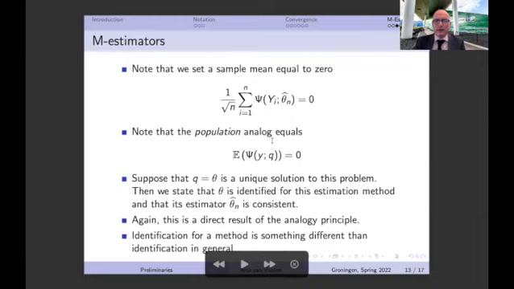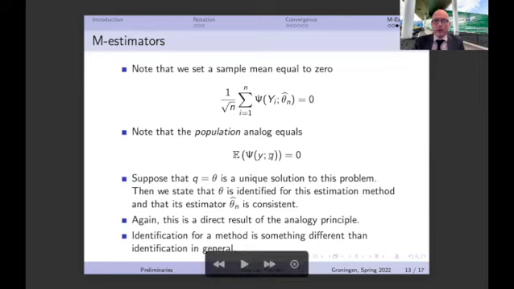That means nothing else than that if n goes to infinity, the left hand side is going to converge to the same function as the population counterpart. If they are the same function, they also will have the same unique solutions, the same unique roots.